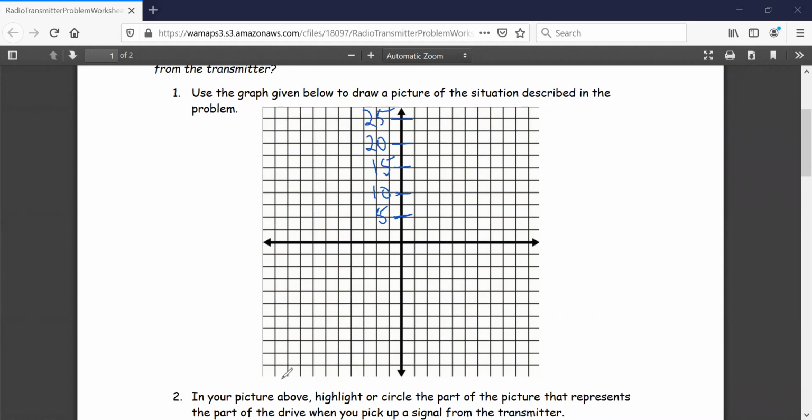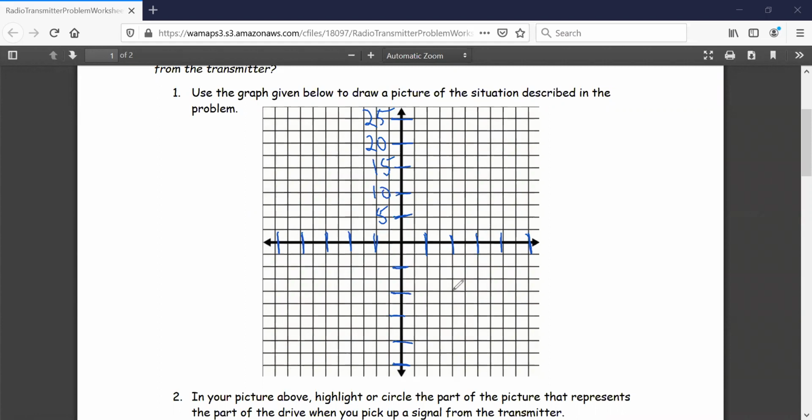And then you can imagine if we put tick marks on these other sets of axes that they represent the same thing. Okay, so now let's go about drawing the picture related to this problem.